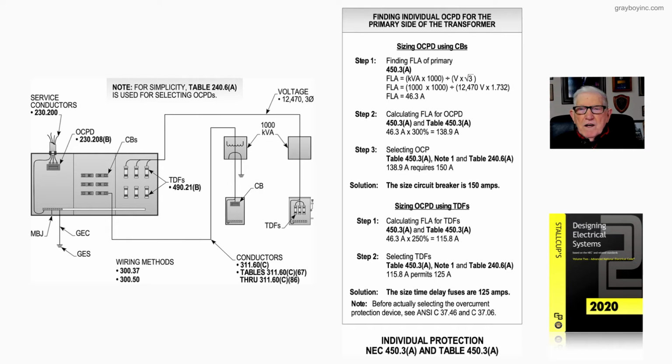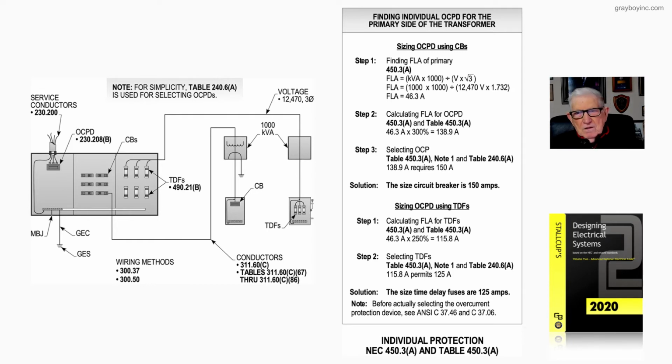We have a 1,000 kVA transformer here, and notice we have conductors that would be sized from 310.60(C). And our new tables in the new Article 310, tables 310.60(C)(67) through 310.60(C)(86), depending on if it's in conduit, cable, whatever you may be running.